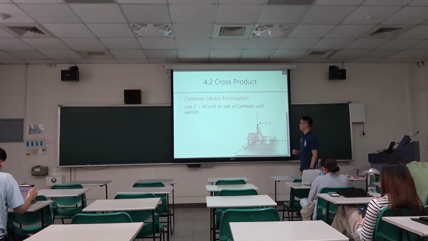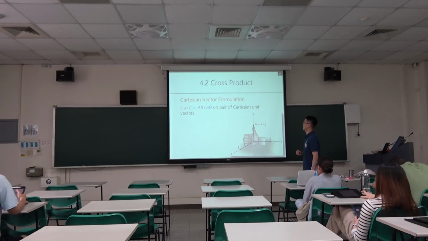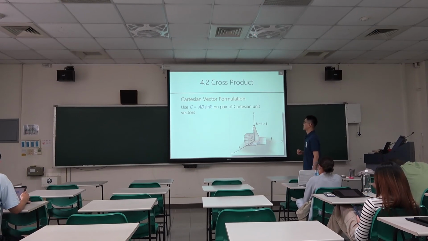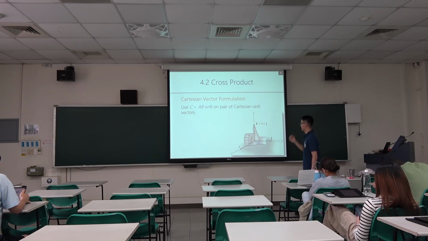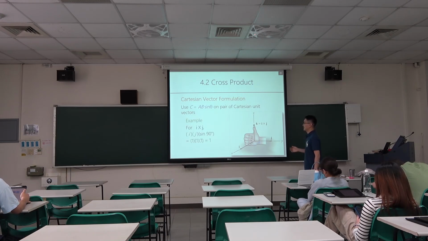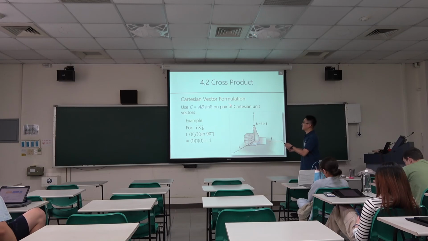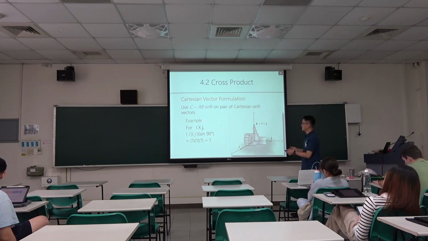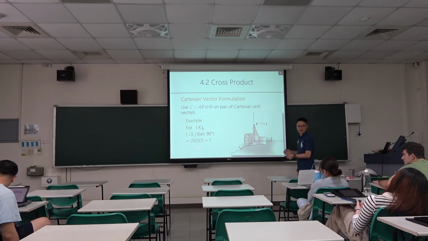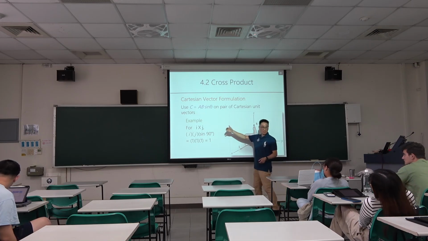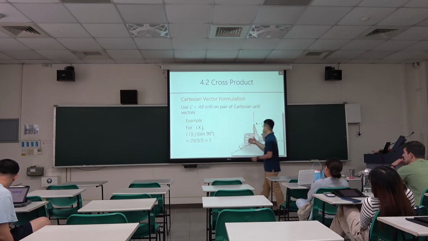If we use the unit vector to explain cross product, i is x direction, j is y direction.